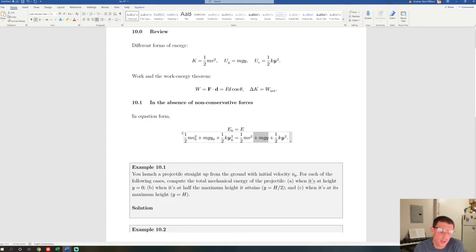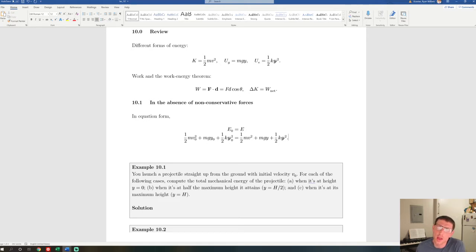And if you want to think of an example where this would be a perfectly suitable way of writing conservation of energy, it would be maybe like fixing a spring to the surface of a table, so it's vertically oriented, right? And then putting a marble on top and compressing the spring and then seeing what happens.